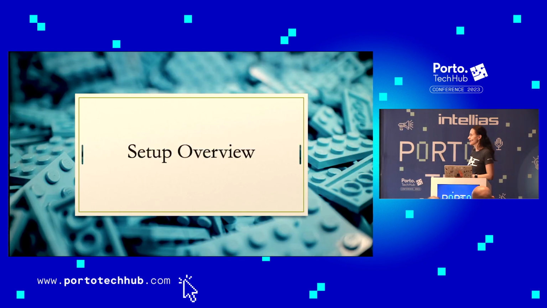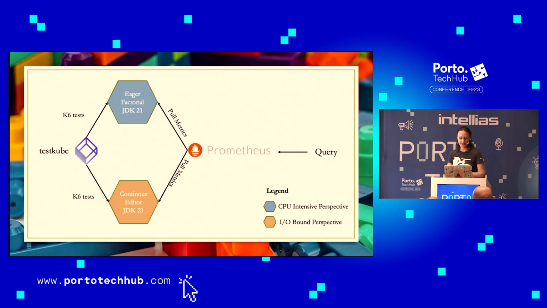So let's look at the setup that I have for my application. In my setup, I chose two applications. They don't use any framework, so they're plain Java applications. I just created Java applications that use the HTTP server, and inside them, I added the dependency to Prometheus, to Micrometer, to export some metrics to Prometheus so I can query them further on.